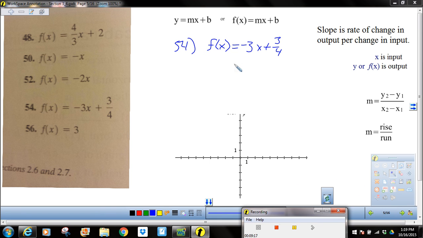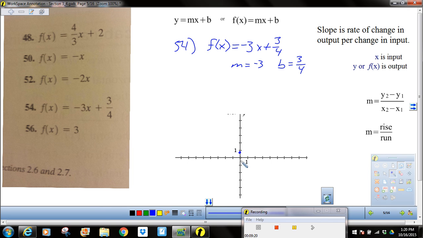On 54, the slope is -3, and the y-intercept is 3/4. Now these with the y-intercept that's fractions, I've realized that makes it a little more difficult because you're not on the grid points. So you have to just kind of approximate about where 3/4 is. And then the slope is -3, so I will go down 3 from here. Make sure you don't start at 1, don't start at 0, start at 3/4.